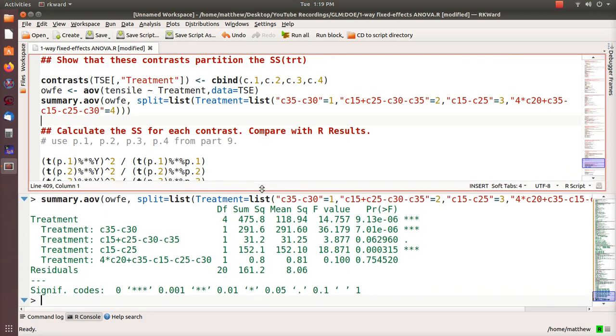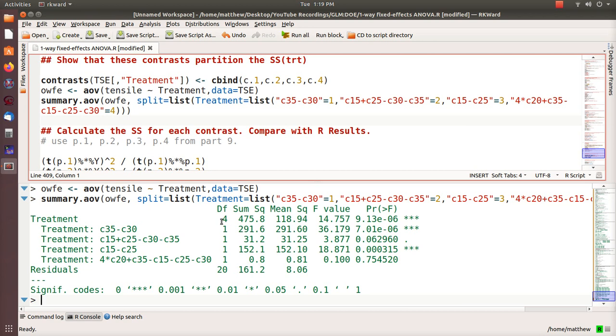So this is the ANOVA, and this would actually be a normal ANOVA table, but we've added these 4 rows, and that's what the split does. It splits this treatment into these contrast sums of squares. And if you were to add the sum of squares associated with these 4 contrasts, it would actually equal the treatment sum of squares. So right there is proof that it does partition the sum of squares treatment.